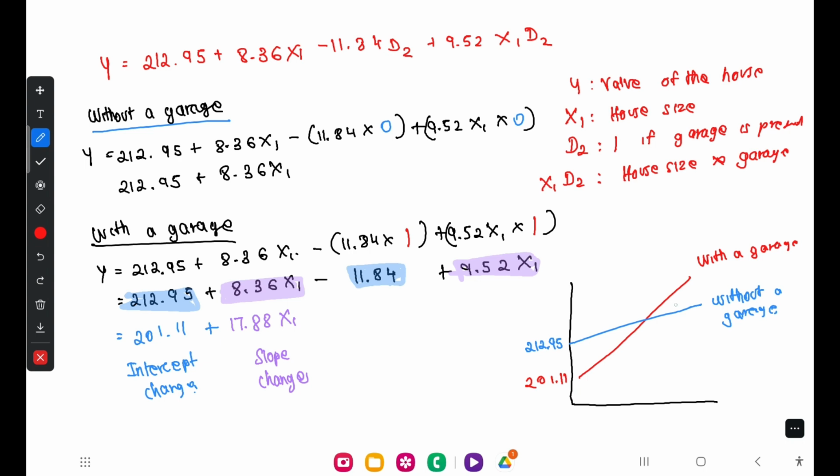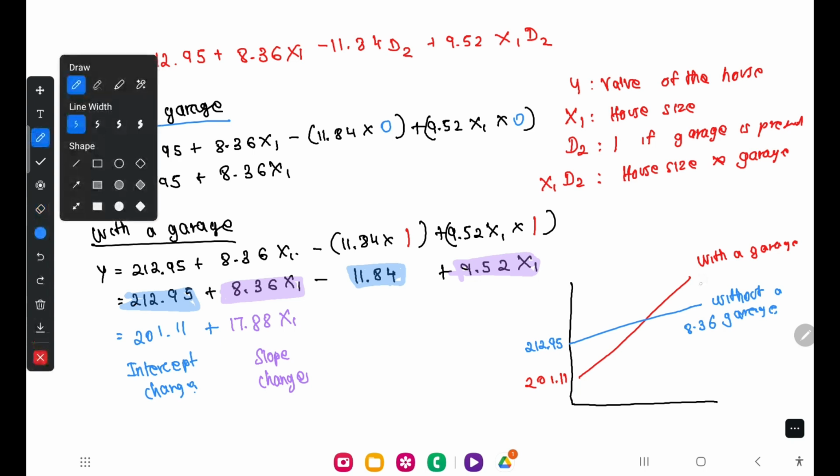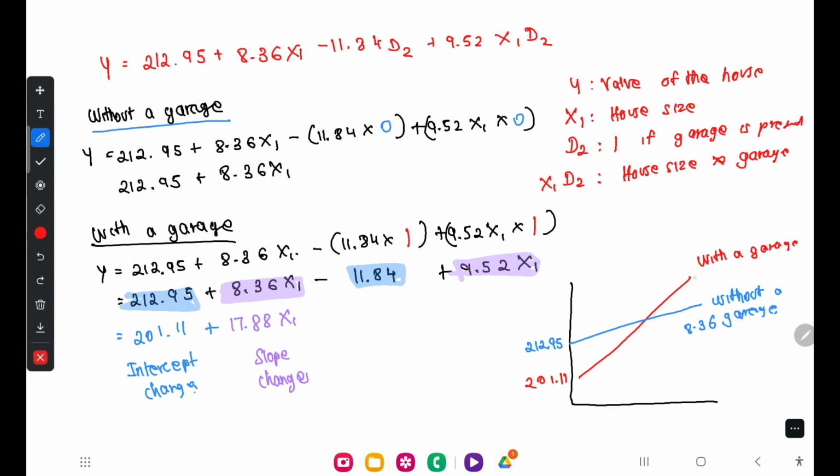Here for the red one, the slope was 8.36, and if it was without a garage, the slope is, I'm sorry, this is 8.36, and if it's with the garage, you will have 17.88. I hope it's clear for you all now.